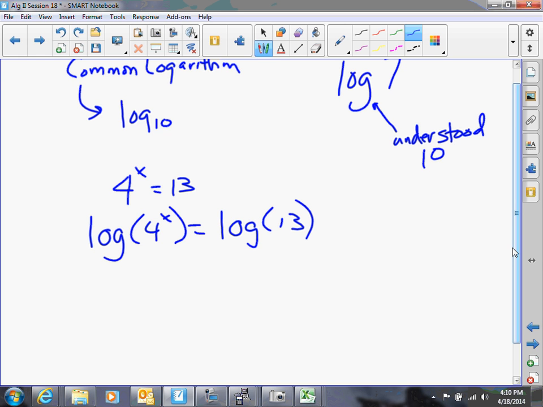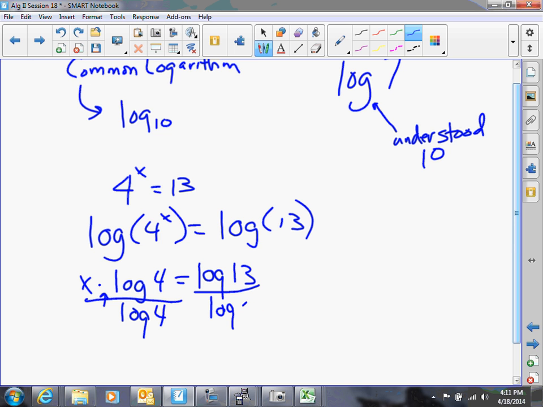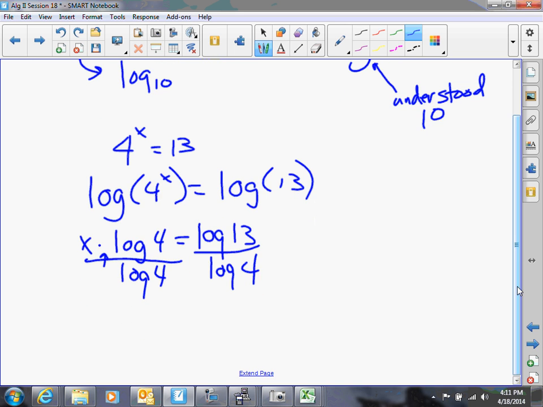So this can be rewritten as x times the log of 4 equals the log of 13. Now, this operation is multiplication, so to solve for x, we would simply divide both sides by the log of 4, which is some number. And so what we get is that x is equal to the log of 13 divided by the log of 4.